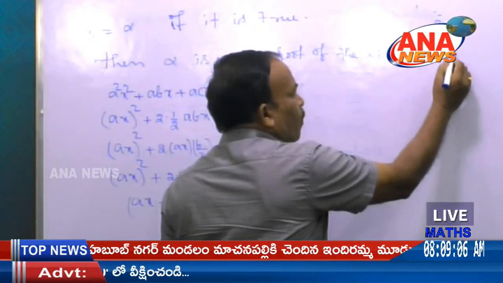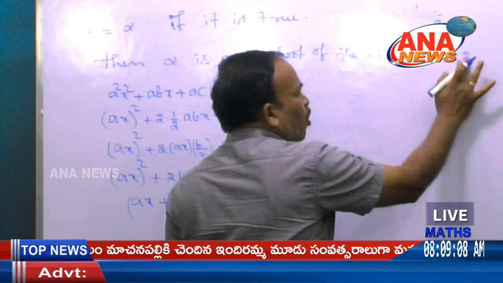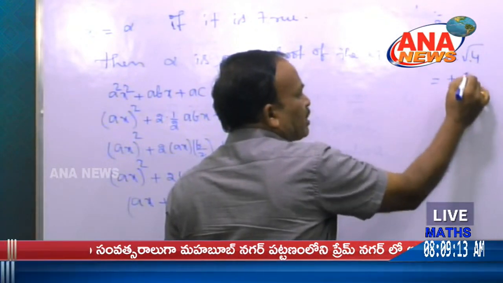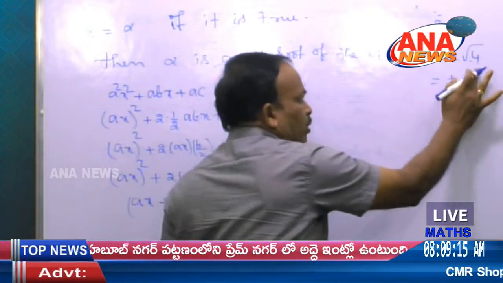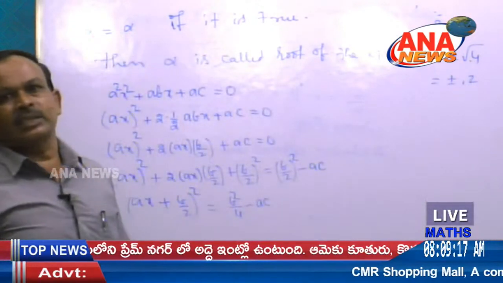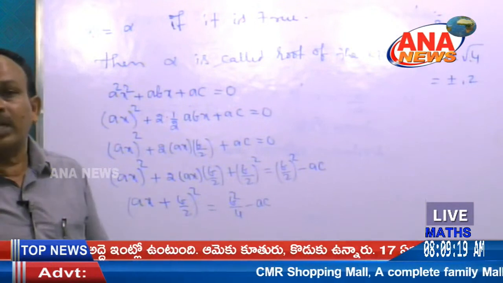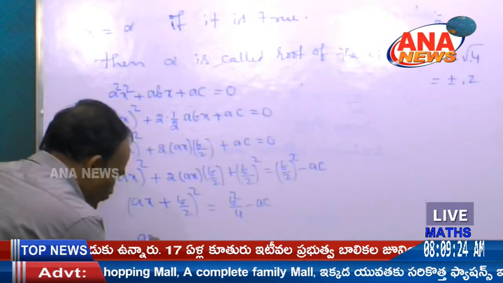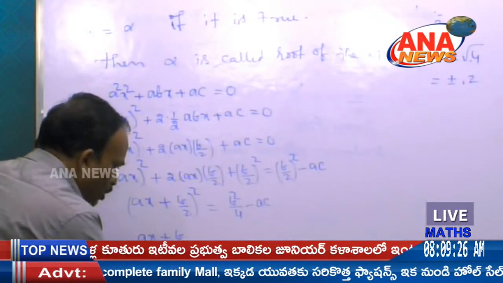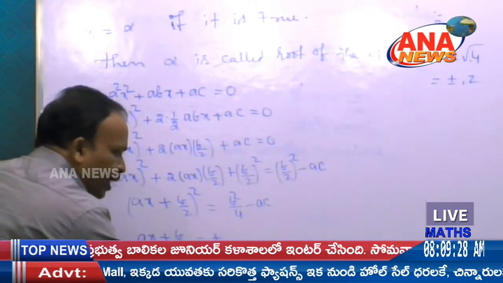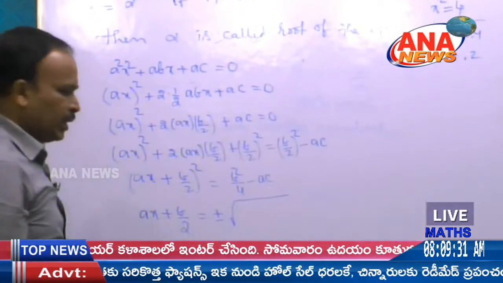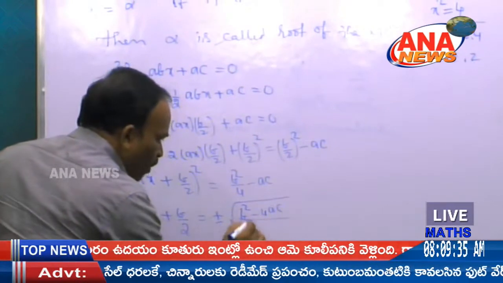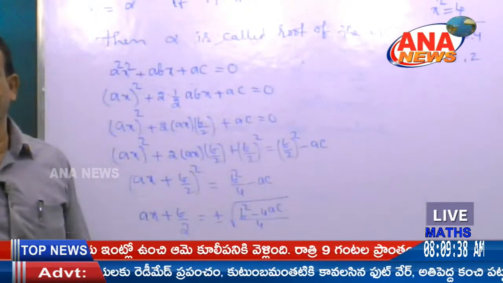Clearly x is equal to plus or minus root 4, that is plus or minus 2. According to that, this one also: ax plus b by 2 is equal to plus or minus root over (b square minus 4ac) whole by 4, in under root.